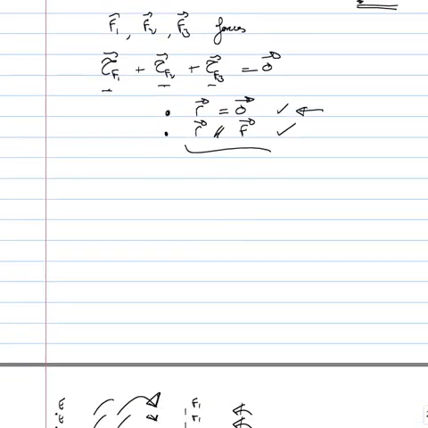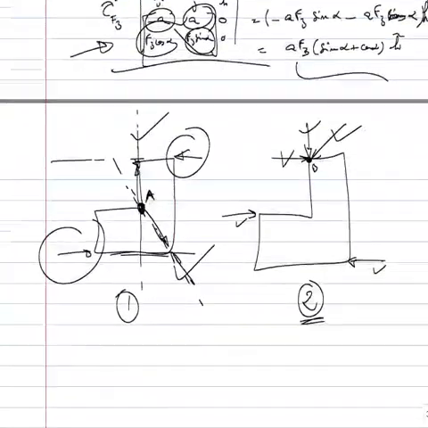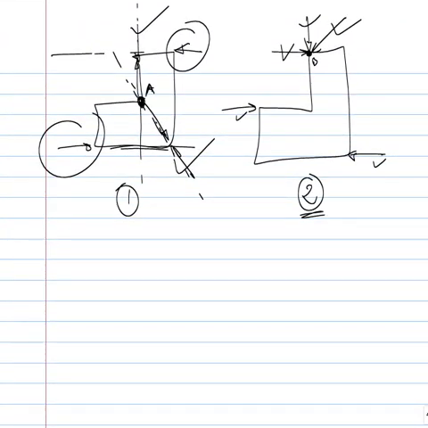So in summary, remember that there are two types of equilibrium. Translational, which is verified by the sum of the forces, and rotational, which is expressed mathematically with the sum of the torques. You can have one without the other, or vice versa.